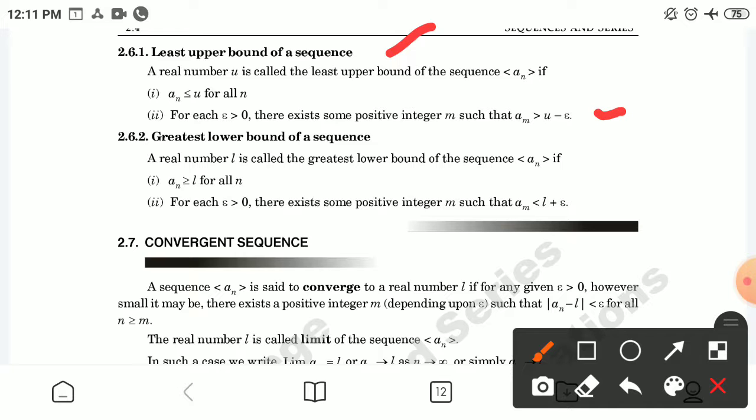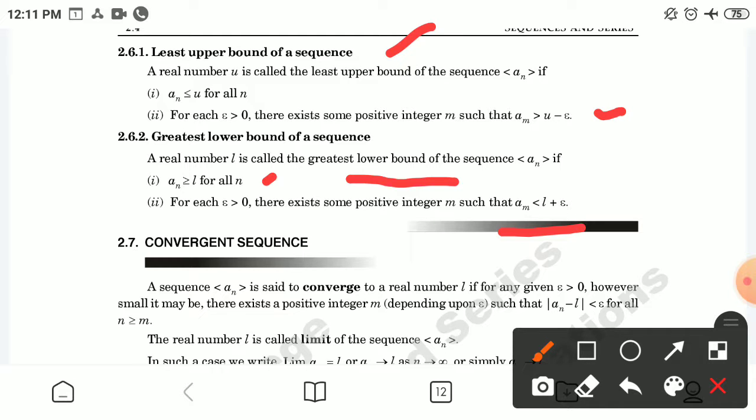Next definition for greatest lower bound of a sequence. A real number L is called the greatest lower bound of sequence {a_n} if first condition is a_n is greater than or equal to L for all n. Second, for each epsilon greater than 0 there exists some positive integer m such that a_m becomes less than L plus epsilon.